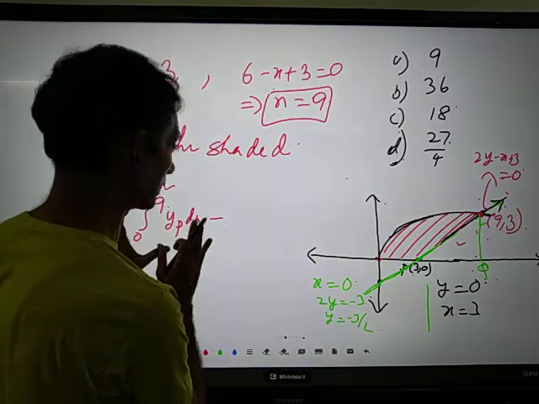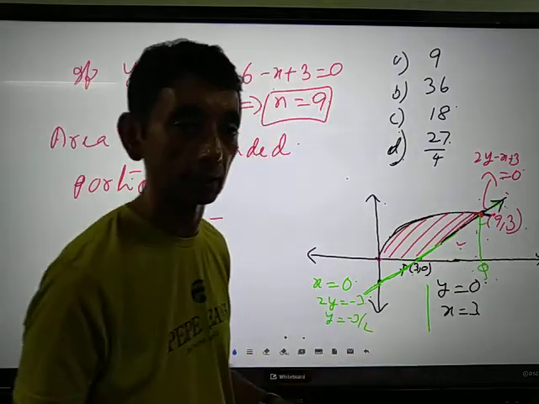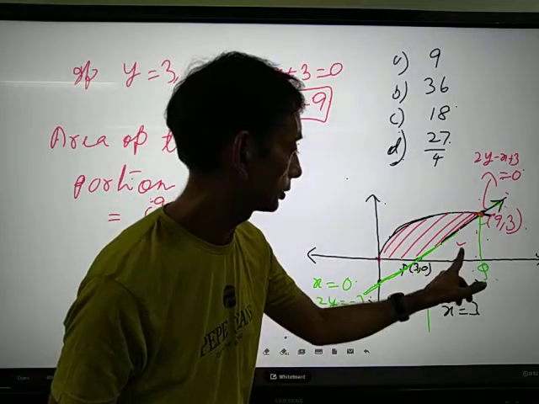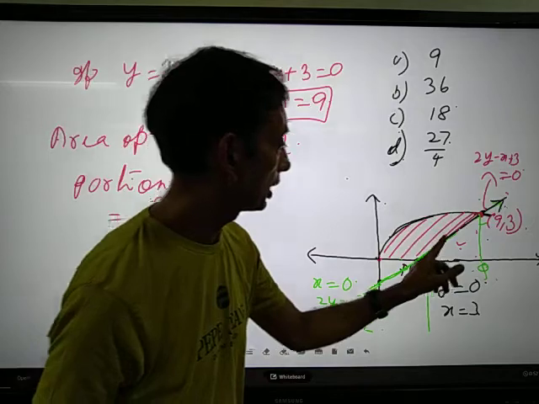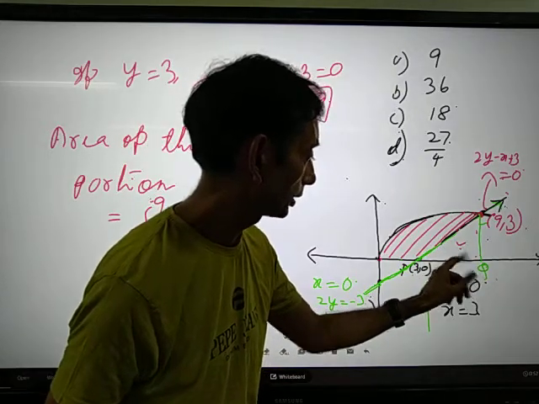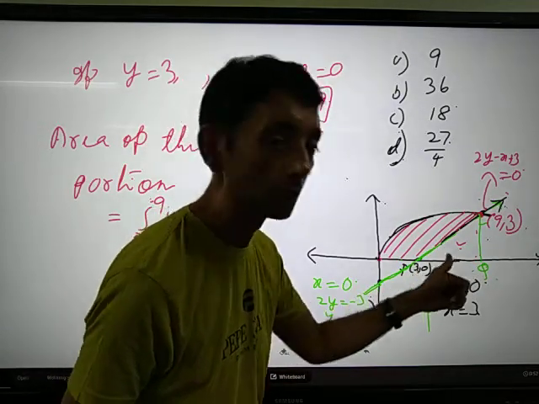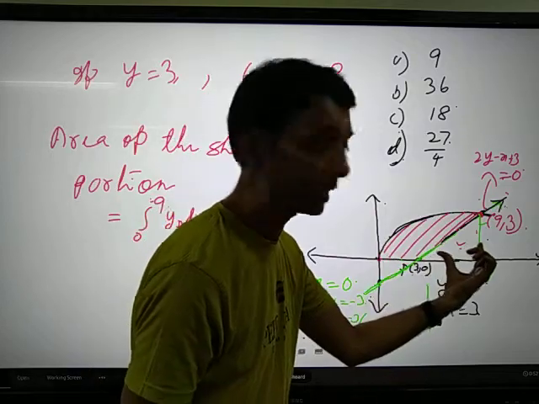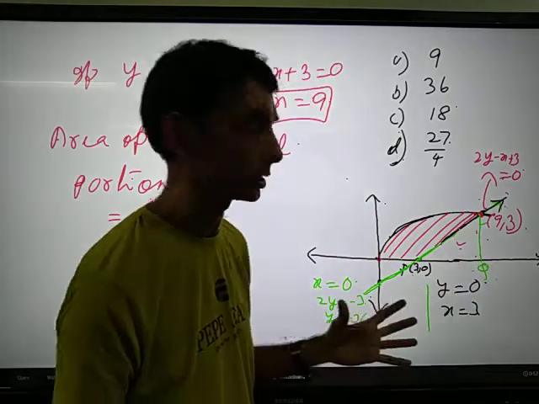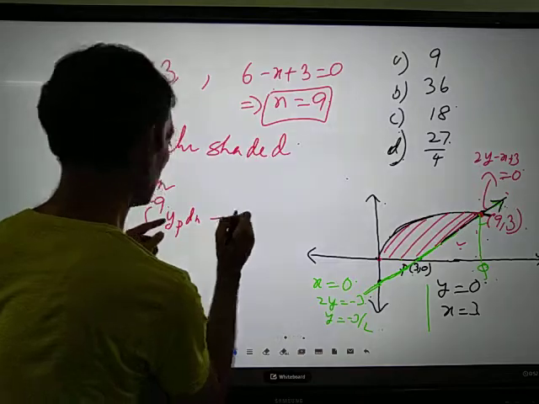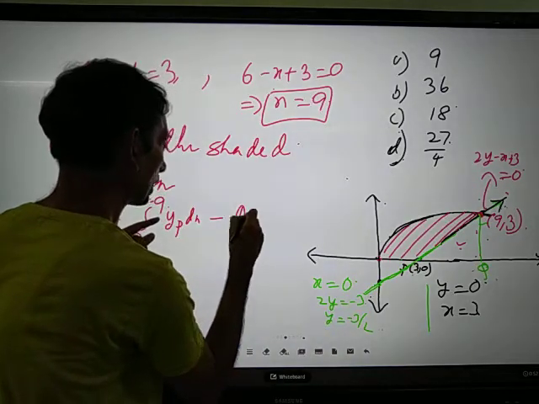So from this integration, we need to subtract the area of the triangle. To subtract this, you can integrate, or you can directly find the area of this triangle with the help of half into base into height. So we'll subtract the area of the triangle.